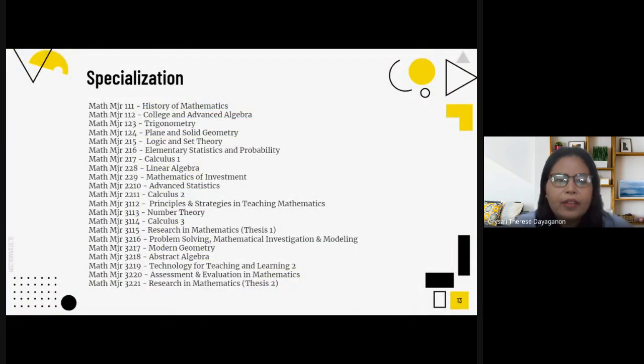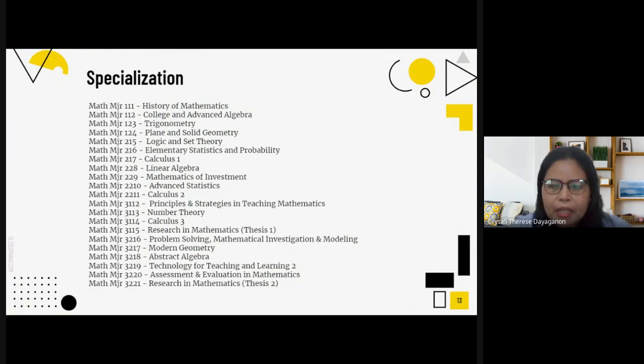Here is the list of the specialization courses, and this consists of around 21 math major courses. So if we are to go through, we have history of mathematics, college and advanced algebra, trigonometry, plane and solid geometry, logic and set theory. We have elementary statistics and probability. We have calculus 1, and then linear algebra.